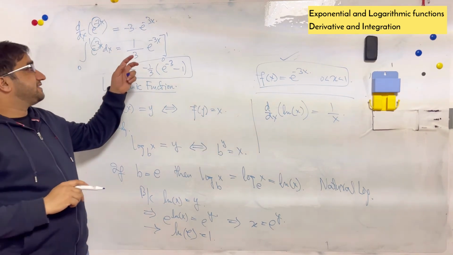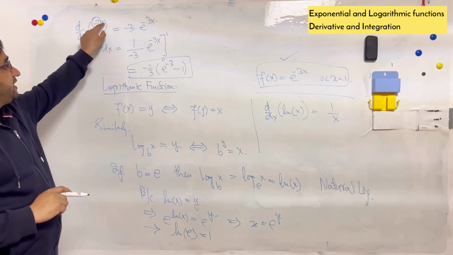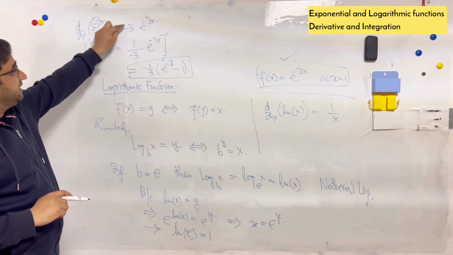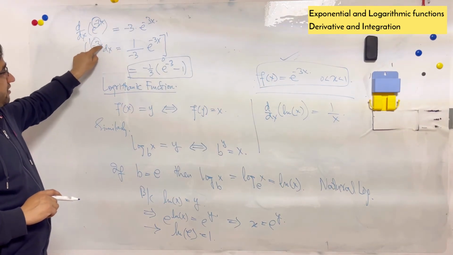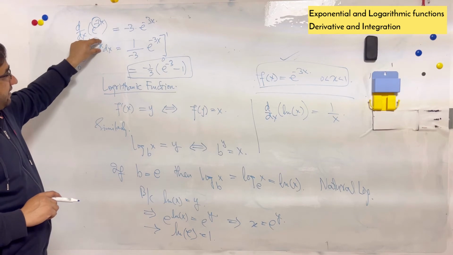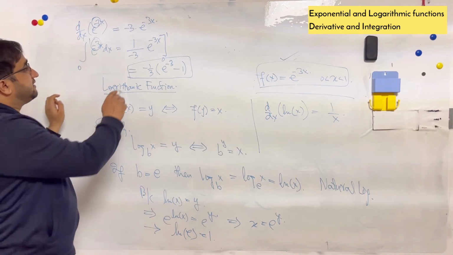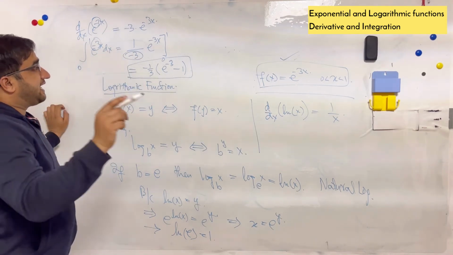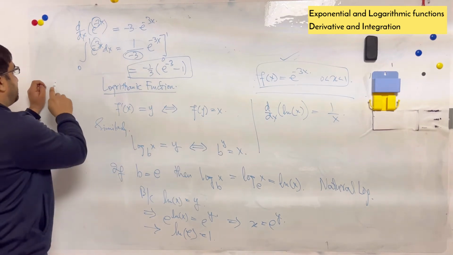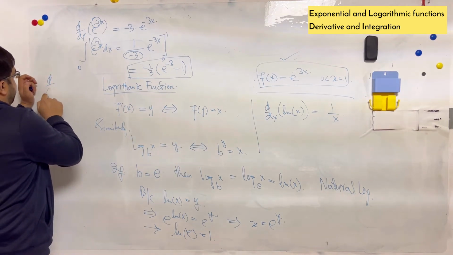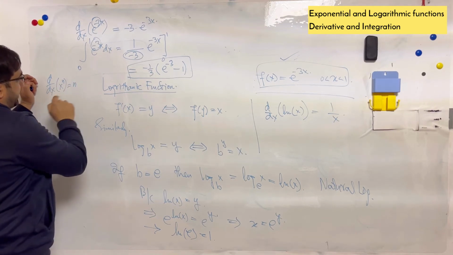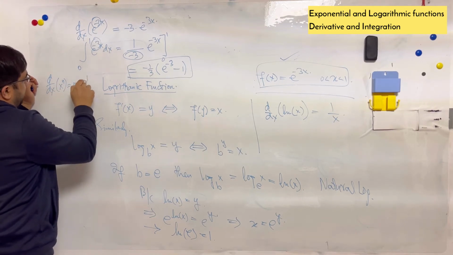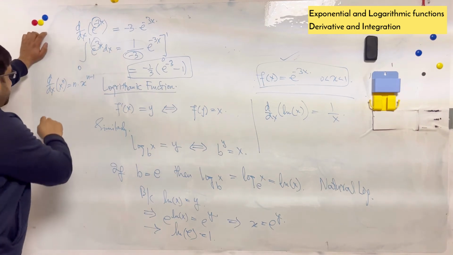So the difference is, in the case of a derivative, whatever coefficient x has, it will come in as a multiplier. In the case of an integral, whatever coefficient the exponential has with the x, it will go downstairs. It is the same as the formula for the derivative of a power function: we said it will go into the multiplier and the power of x will reduce by 1.